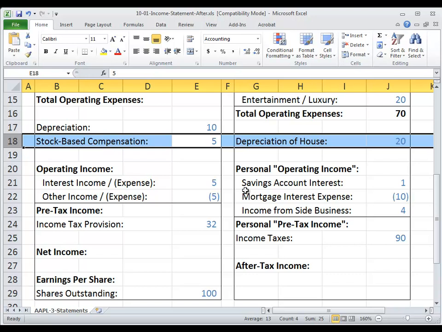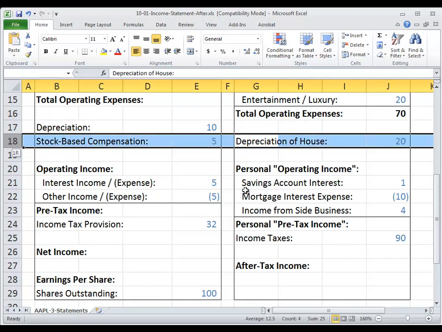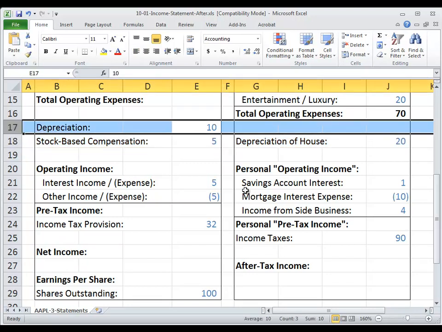So both of these are non-cash expenses that show up. They show up here because they're tax deductible, and so we want to reflect them on the income statement as a cost of operating the company and as a cost of doing business, but keep in mind that these are not true cash expenses. When the value of your house falls or the value of property you own falls, it's not literally taking money out of your bank account. All that's happening there is that over time the value of something is falling.